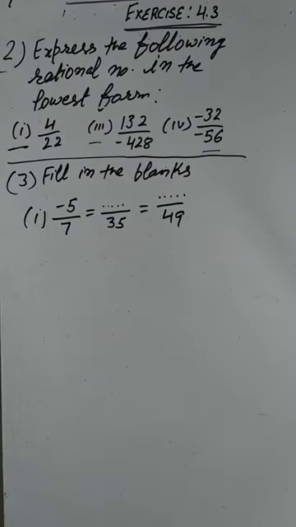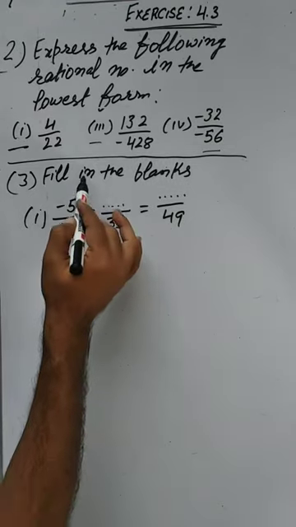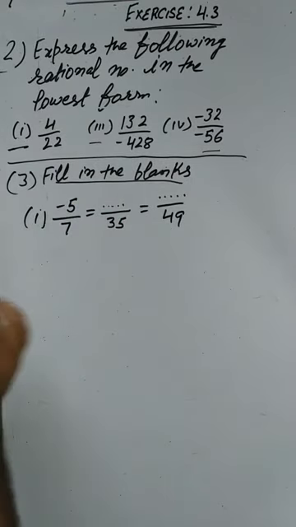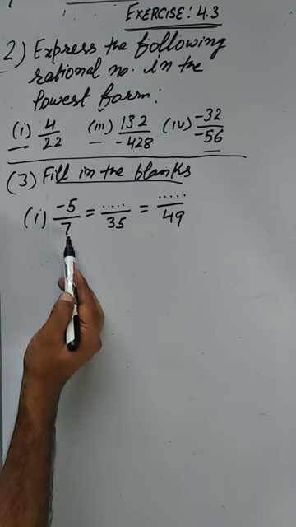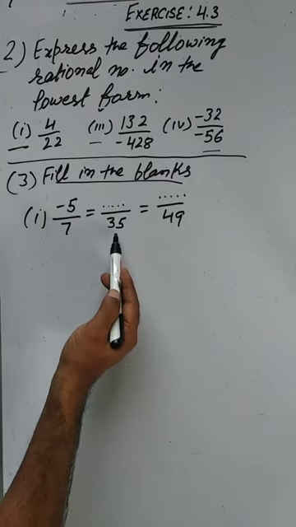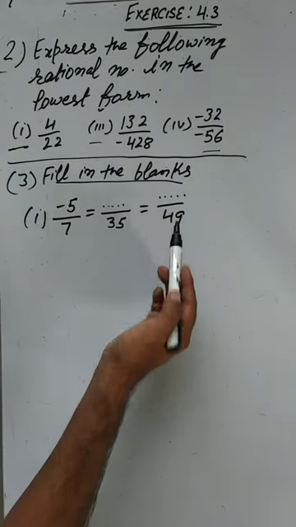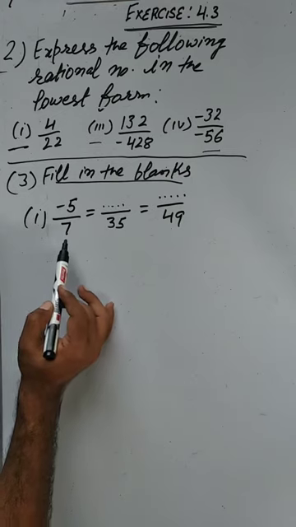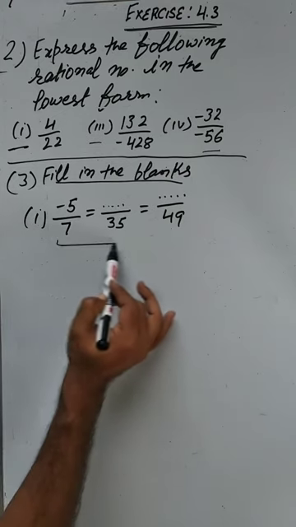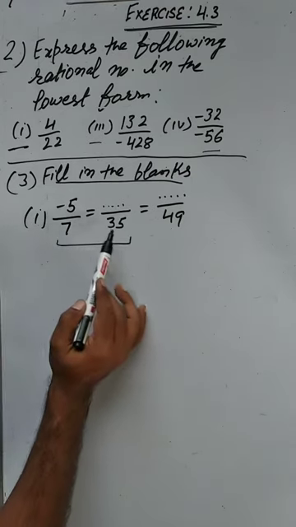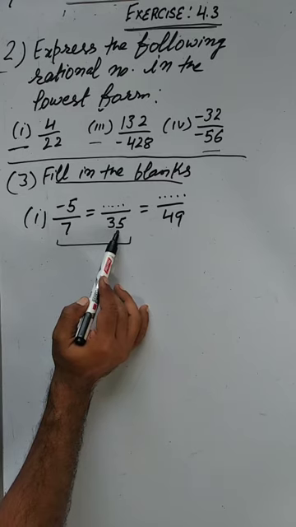Yes, but our last question of exercise 4.3, fill in the blanks. First part is minus 5 upon 7 equals dash upon 35 equals dash upon 49. Now beta look here, 7 is changed into 35.